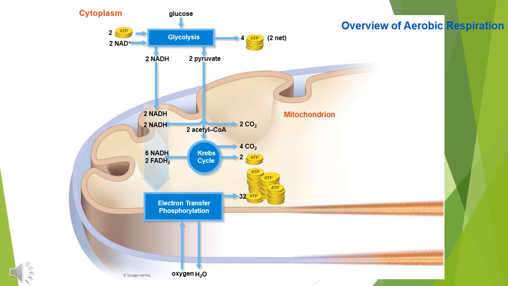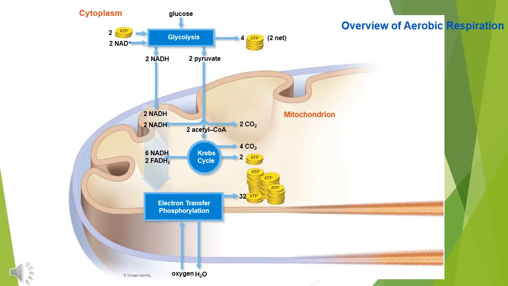Those are going to enter the Krebs cycle along with, we now have, 8 NADH and 2 FADH2. This is where it should say 8 and not 6 NADH. So we have 8 NADH and 2 FADH2 entering into the Krebs cycle along with the acetyl-CoA.